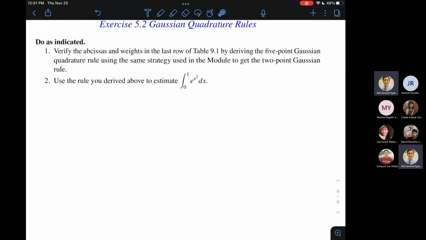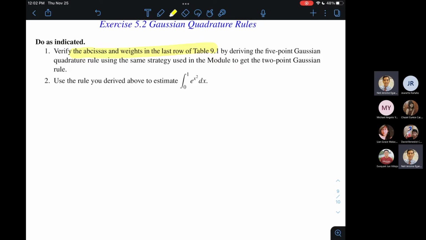Ang bait nung gumawa ng 5.2 kasi pinag-derive kayo pero alam ninyo na dapat ano yung kakalabasan. Kasi alam na natin yung abscissas at saka weights para sa 5-point Gaussian quadrature. So sa problem number 1, kailangan ninyong i-verify yung abscissas at weights para sa 5-point Gaussian quadrature rule.